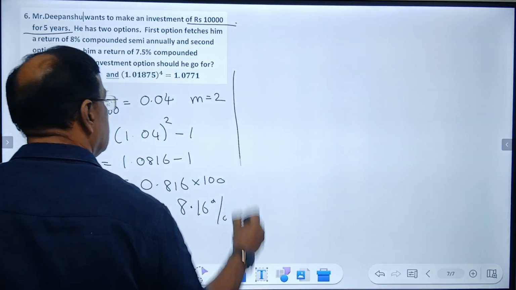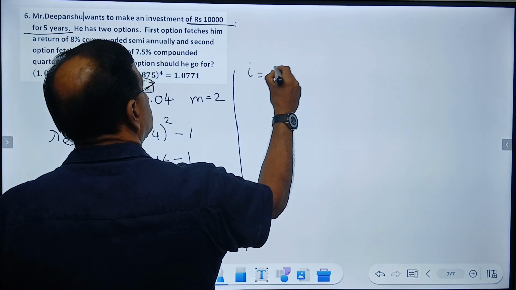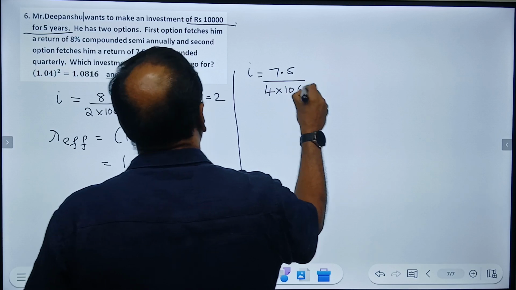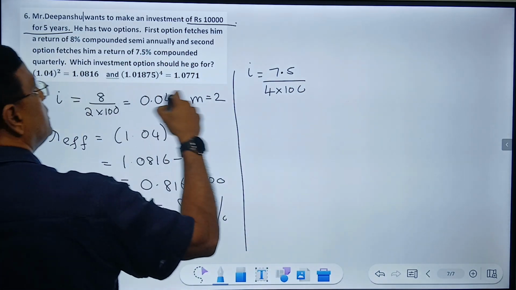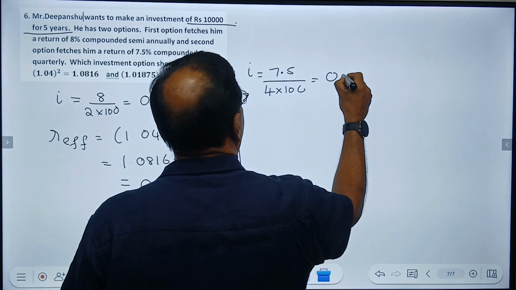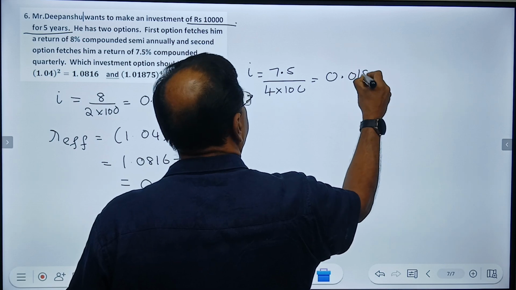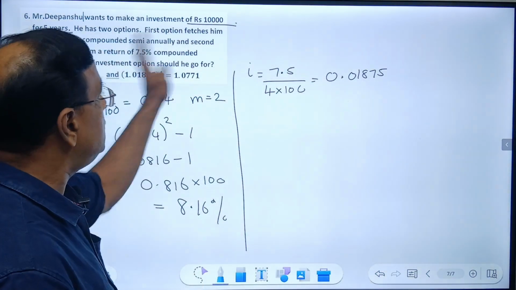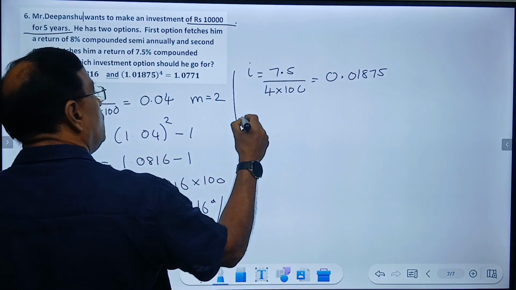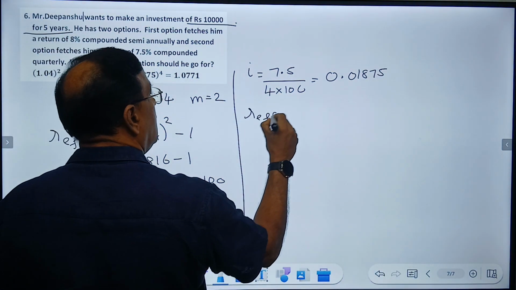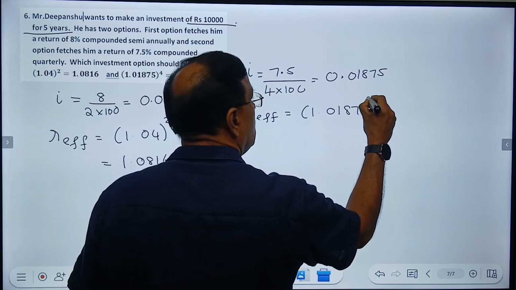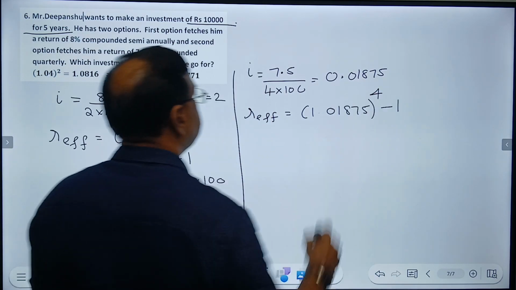Okay, that's done. Now I equals 7.5 divided by 4 into 100. Why do I divide by 4? Because it is quarterly. So it will be 0.01875. You can always copy from here and write. Definitely they'll give you these values. Now what is R effective? R effective is 1.01875 whole power 4 minus 1.